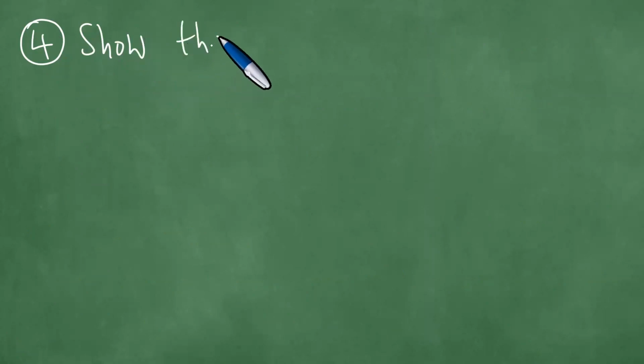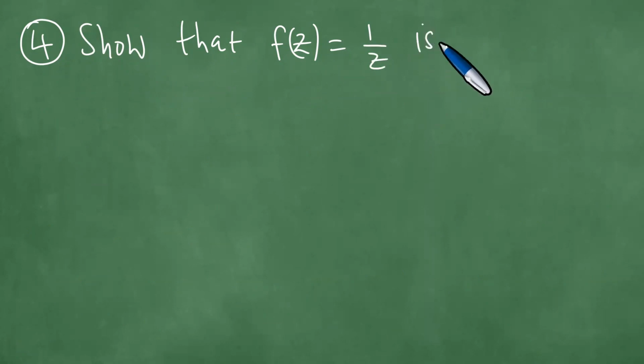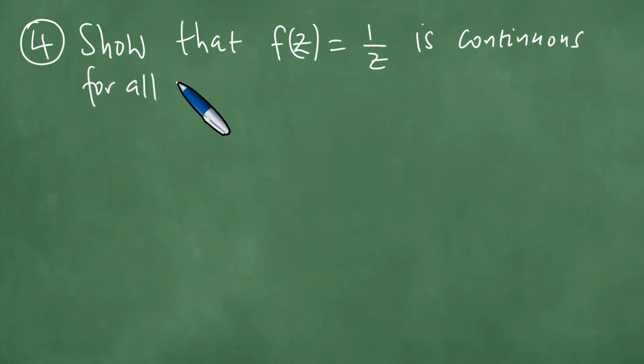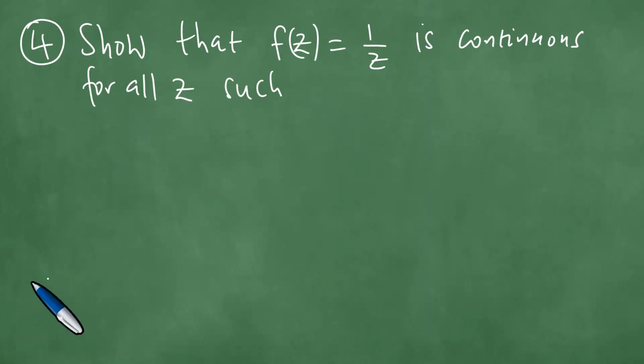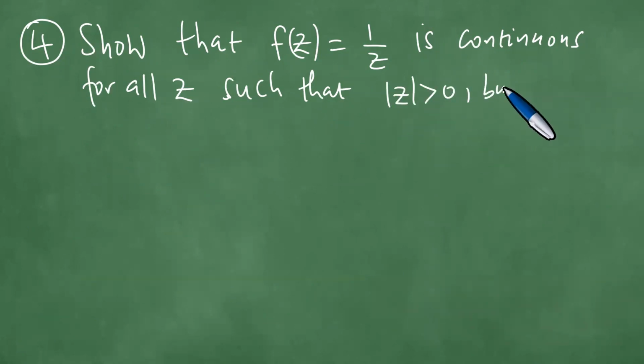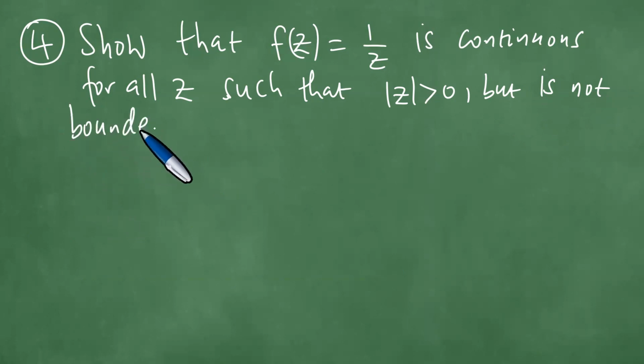We need to show that f of z equals 1 over z is continuous for all z such that the modulus of z is strictly bigger than 0, but is not bounded. So look at the solution now.